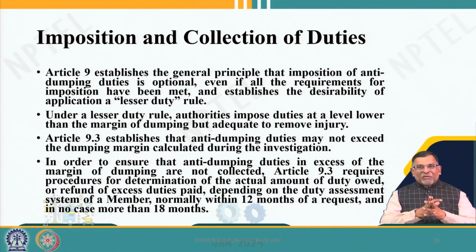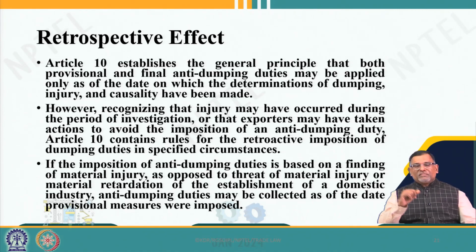That means, under the provisional duties, if a higher amount than the margin of dumping is collected, then the authorities must return the excess money already collected with interest. So, we have court cases in India where the Indian Supreme Court has ordered return of this money with interest, we will see some of the cases later on. So, the collection of duties is also under severe constraint.